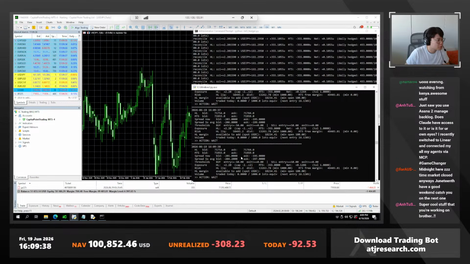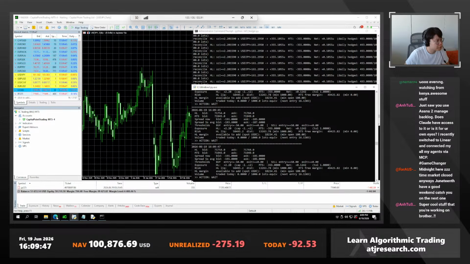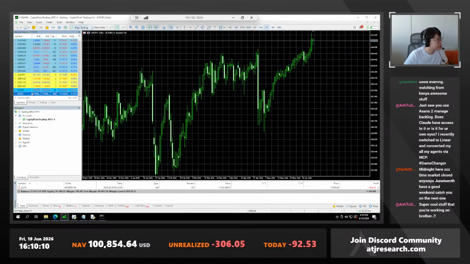Also, right now the price is very low on Hyperliquid. Right now the spread is minus 200, and that is probably also a reason why the funding rate decreased, because the Oracle price is 759, but the market price here is 900.